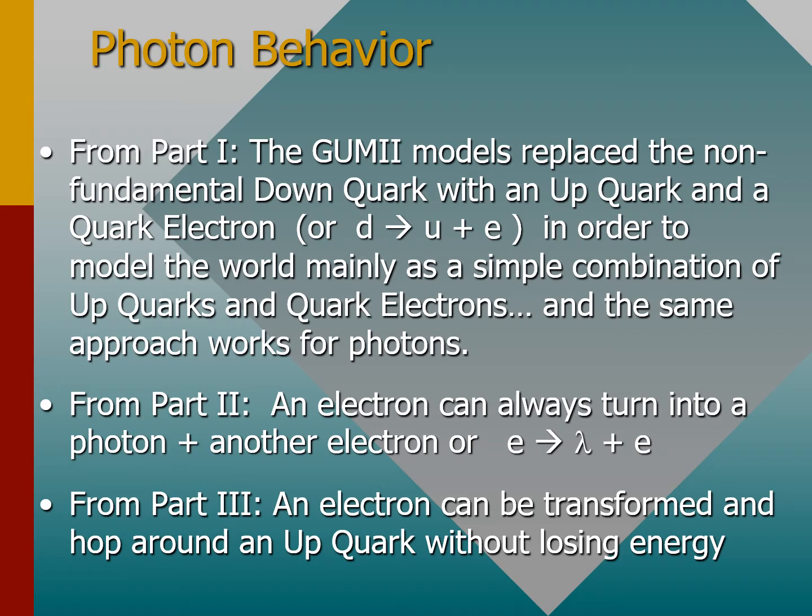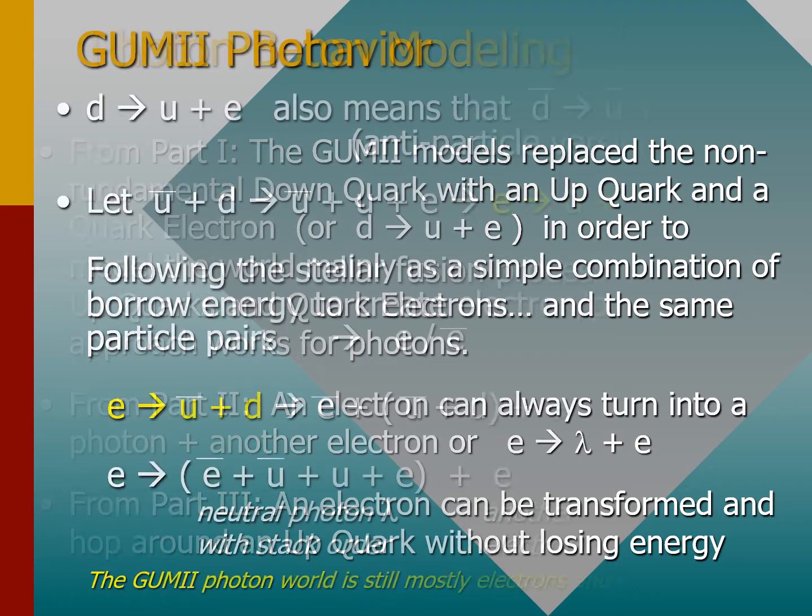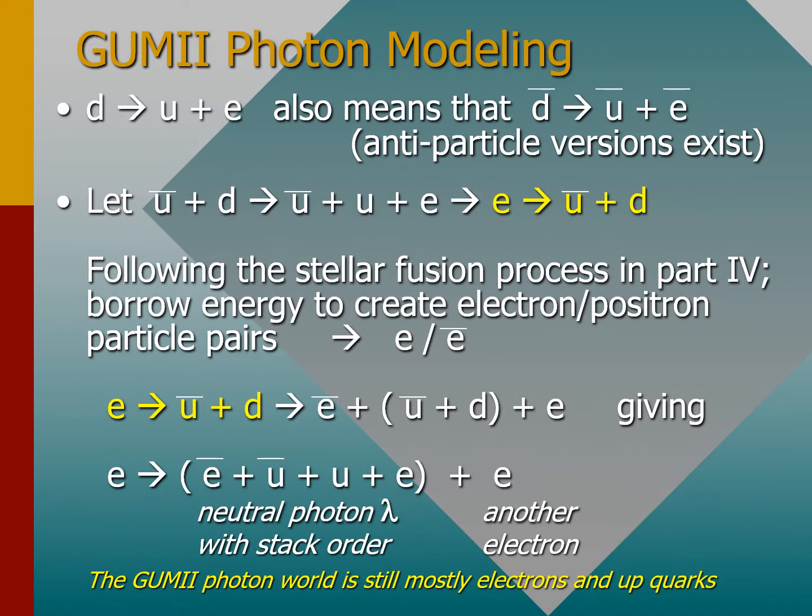From Part 3, we use our knowledge that quark electrons are transforming and hopping around an up quark without losing energy. Now in this slide, one can pause the video and derive that an electron has the option of turning into an anti-up quark and a down quark instead of turning into a photon and another electron.